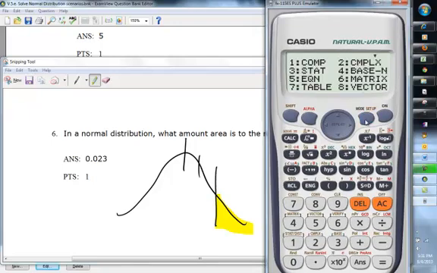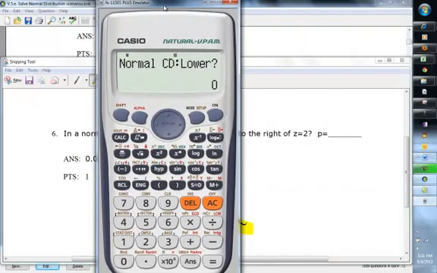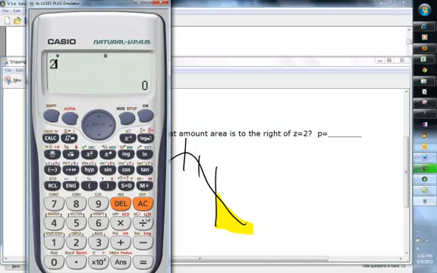We're doing a mode distribution again. Go arrow down, number 3. And it's cumulative, so number 2. The lower limit is 2 standard deviations. The upper limit is 1,000 standard deviations, just as long as it's a big enough number. The standard deviation is 1, and the mean is 0.